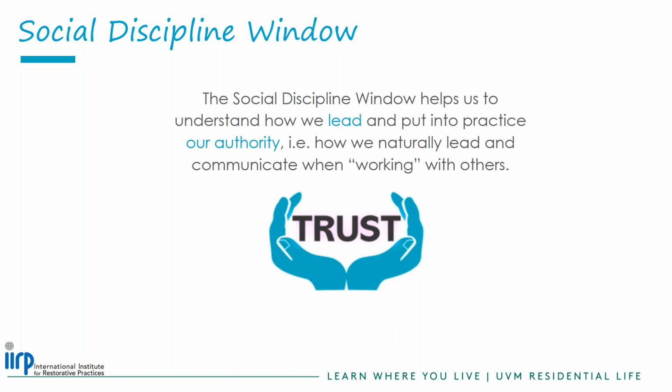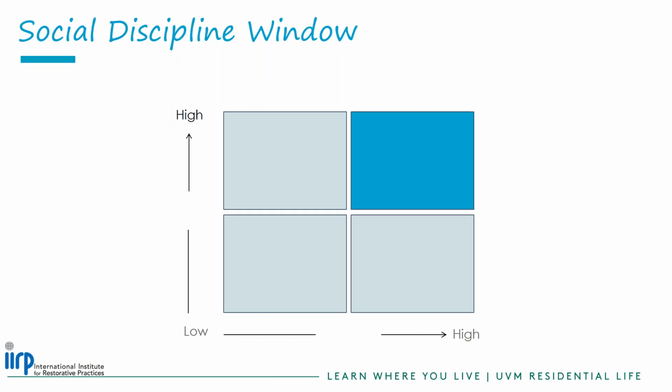We really try to lay that framework to get folks thinking about those all-stars in their lives, those mentors and those coaches, and getting them to think about how they lead and the ways that they observe those mentors leading, and then we go into the social discipline window.